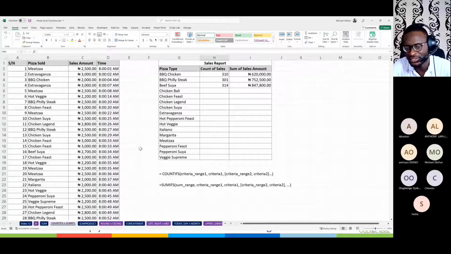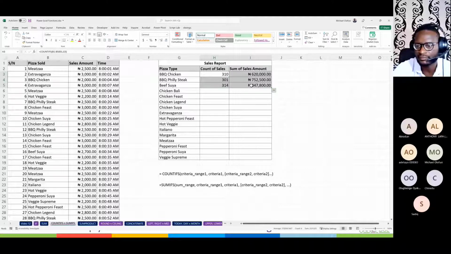You want to extract bank charges. You want to extract money that were paid for a particular kind of expense. Me, I think sumif should be one of those things you should first think of. It's only when you see that it won't work before you start sweating yourself for another option. So let's first even learn it. Let's learn it in a neutral way. Then we see how we can turbocharge it. So let me just delete what I have here.